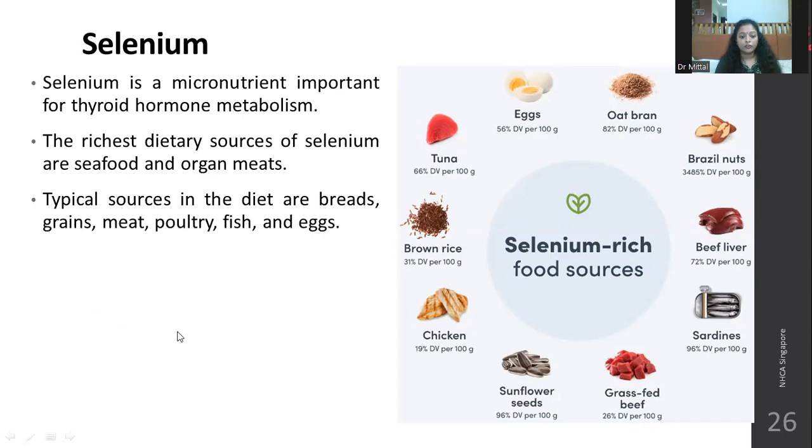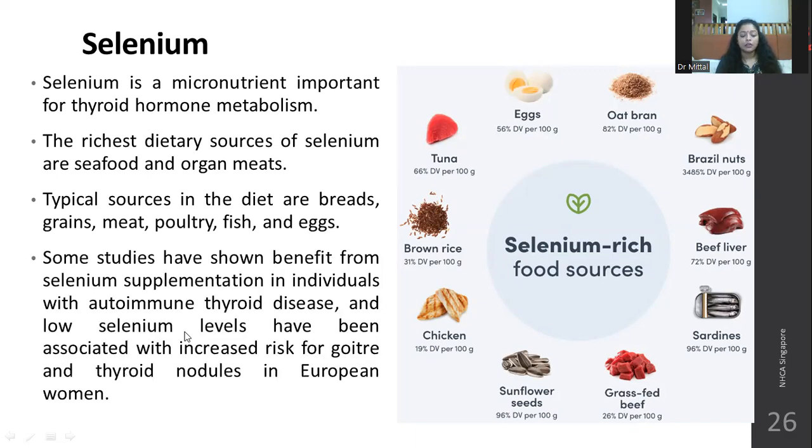Typical sources of selenium in the diet are whole grain breads, grains, meats, poultry, fish, eggs. Some studies have also shown the benefit of selenium supplementation in individuals who have autoimmune thyroid disease like Graves' disease and Hashimoto's thyroiditis. In such disease, selenium supplementation under prescription has shown certain benefits.